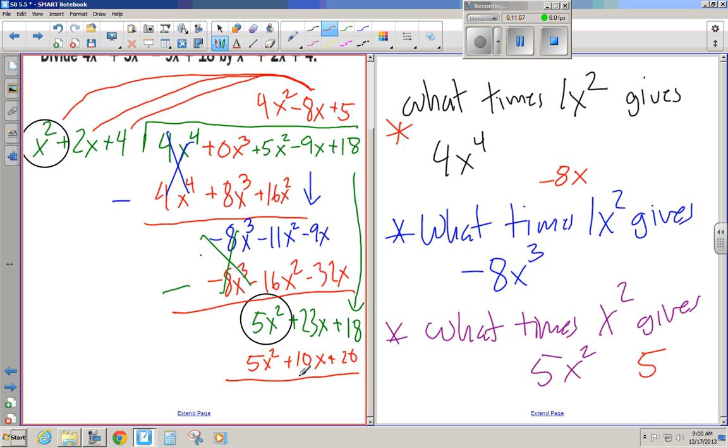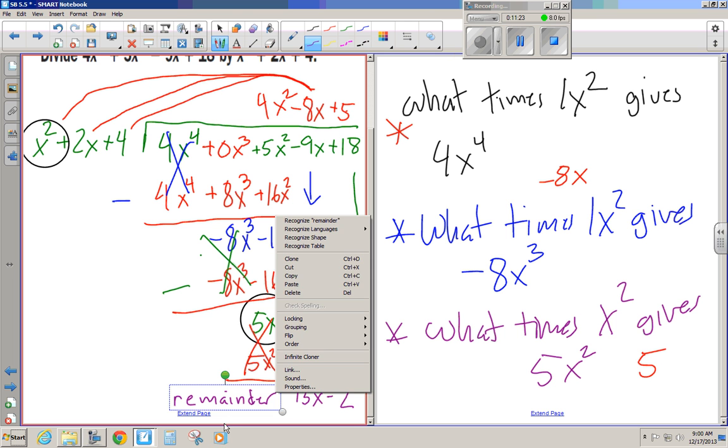And when you subtract, this cancels out. You end up with 13x minus 2. This is the remainder. All right?